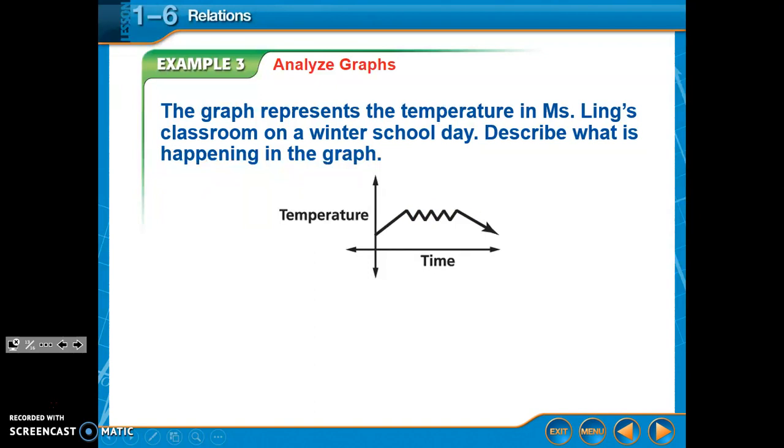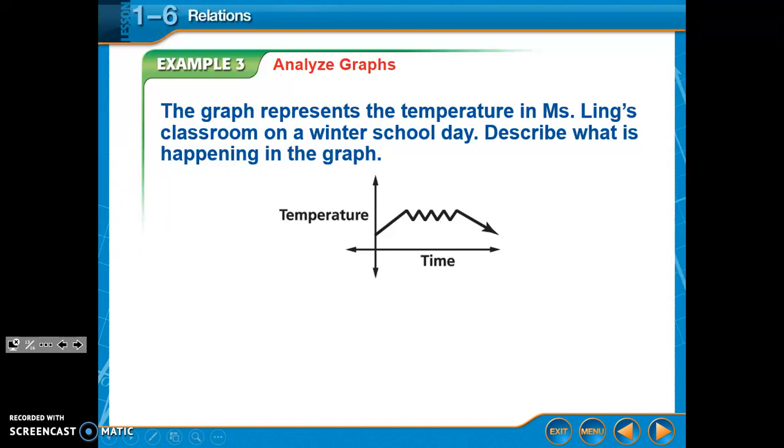We're trying to come up with our own explanation. One explanation could be that it's the heater: it was cold, she turned on the heater in the morning, and it got warm until it reached a certain point, and then it shut off. It started to fall until it got to a lower point, and then it turned back on, and then shut off and turned on.